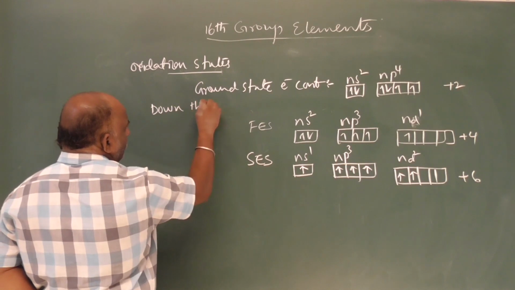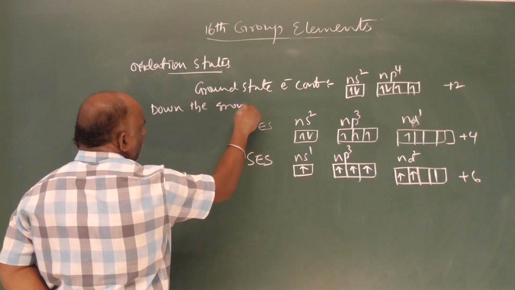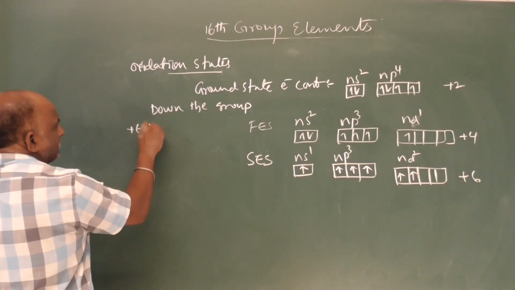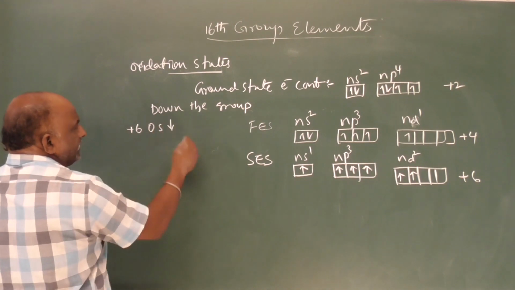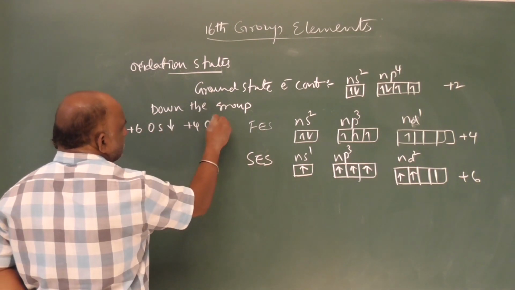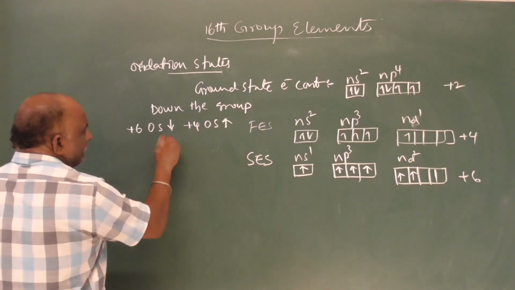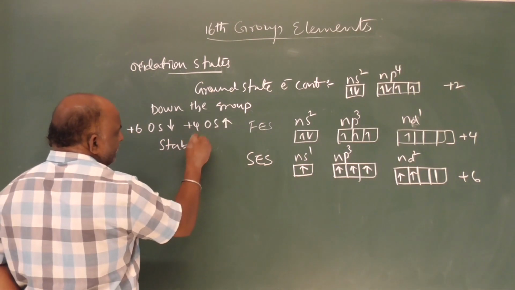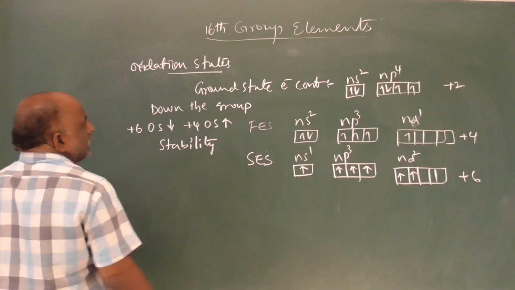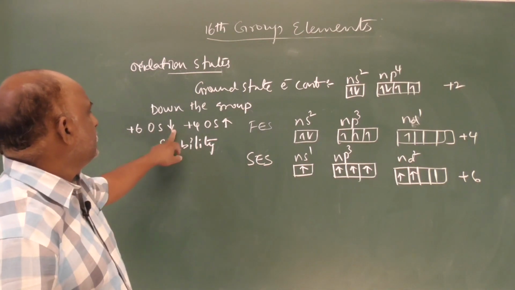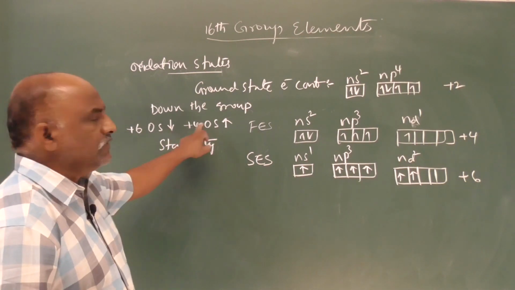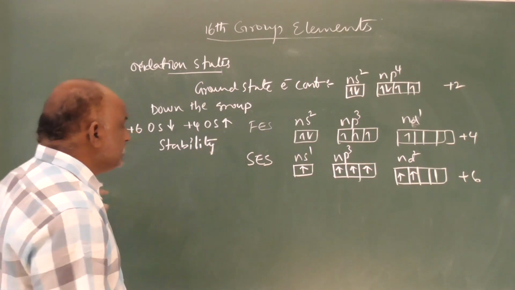Down the group, you have to notice this point: +6 oxidation state stability decreases, and +4 oxidation state stability increases. You have to make a note, my dear students, this point is very important. What will be the reason?